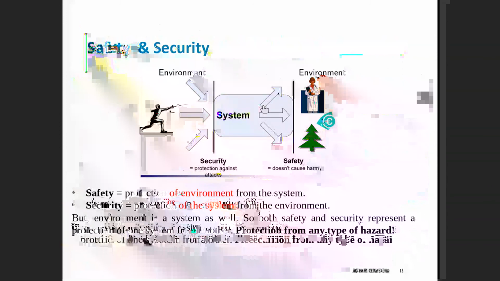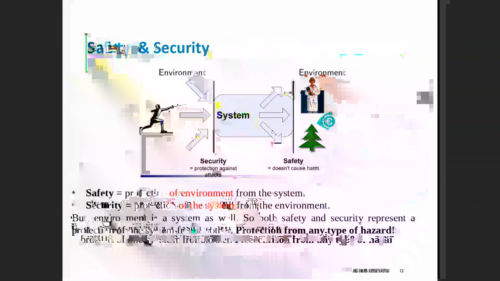And when the system is affecting your environment, the protection from the hazard that comes from your systems to the environment, that protection considered to be the safety. So the safety does not cause harm to the environment, and the security is the protection of your system from the environment.